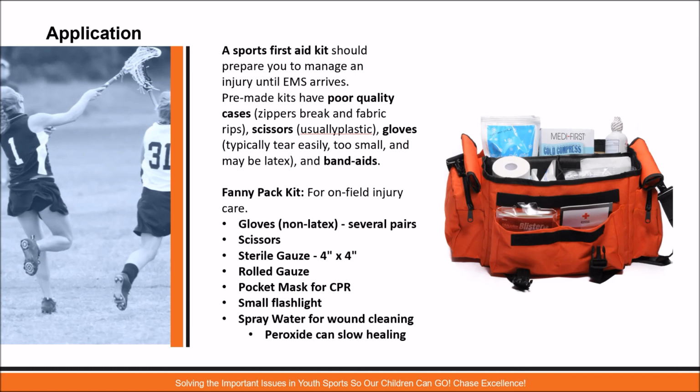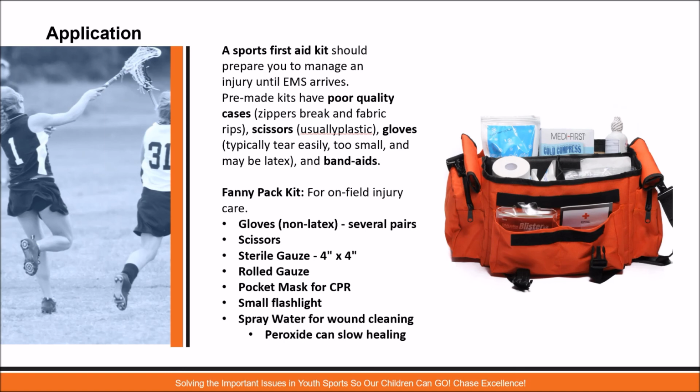And a first aid kit. What should you have in a first aid kit? Well, you don't need a wilderness first aid kit, but most store-bought first aid kits have poor quality cases, so the zippers frequently break and the fabric frequently rips. The scissors are usually plastic and the thumb holes are not big enough for people with large hands. The gloves are usually cheap quality and they tear too easily. And the Band-Aids are usually poor quality.